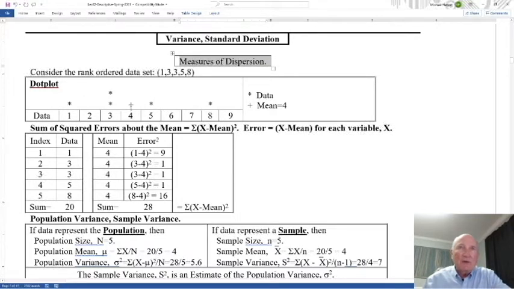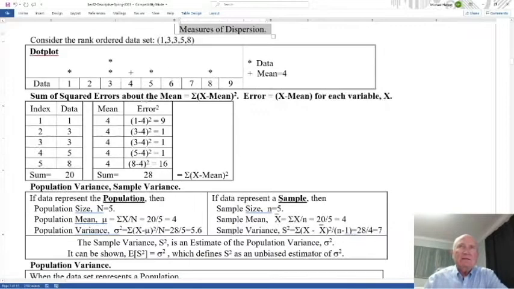And notice the mean, 4 here, that's the first moment, that's the central tendency, that's the balance point. And notice that 4 doesn't match up with any of the numbers. So the mean is not another number of the sample or population. It's a measure of central tendency of the numbers. It may or may not be a number in the sample or population.